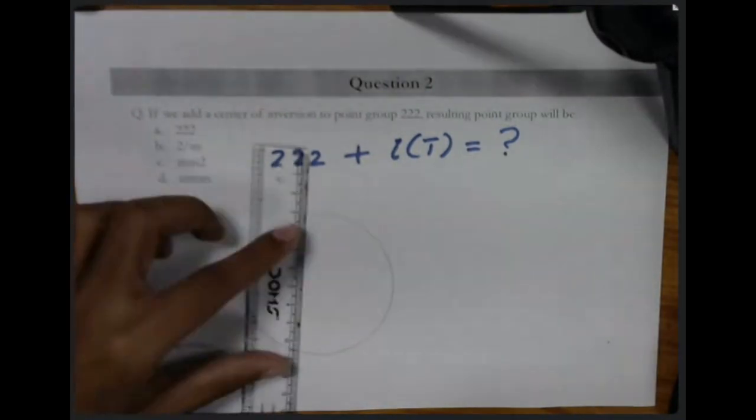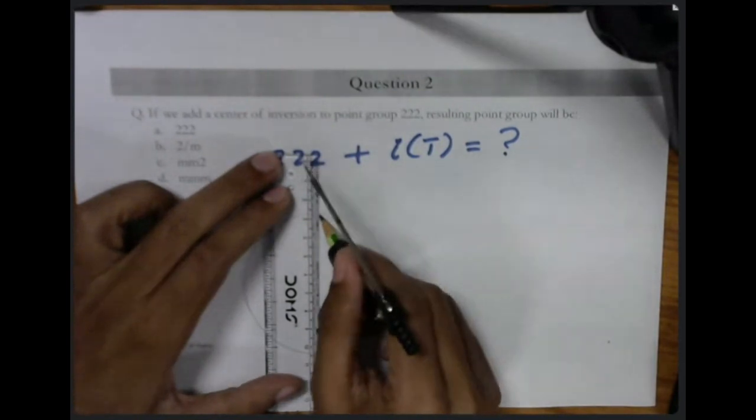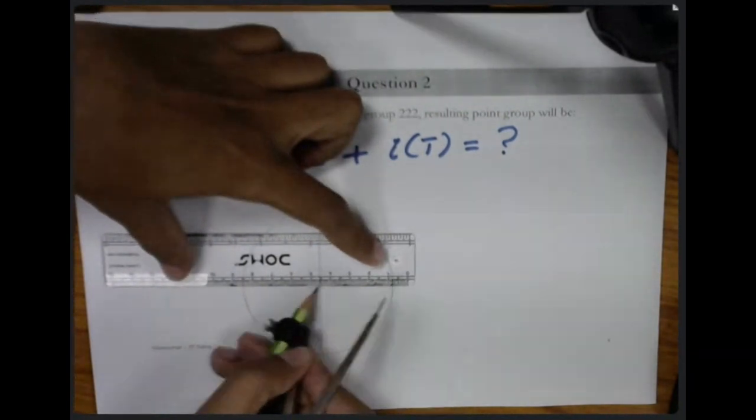I'm just dividing them as a reference right now. There is no mirror, there is no twofold right now. I'm just dividing them for reference. These are the reference lines.